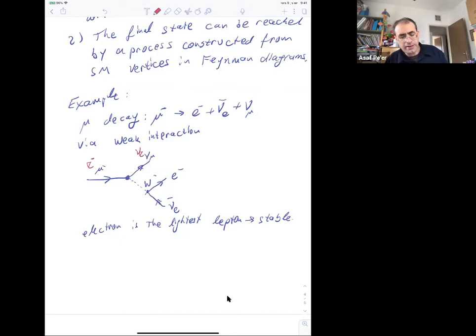The only difference is that because the tau is heavier than the muon, the outcome of the decay of a tau could be both the electron and the anti-neutrino electron, but also the muon and the anti-neutrino. The tau has two ways to decay.